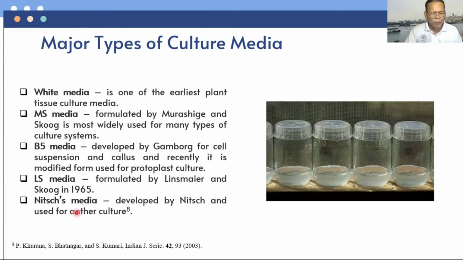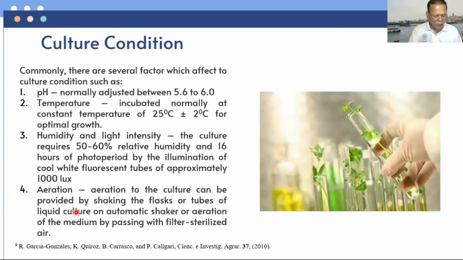Next, the culture condition. Commonly, there are several factors which affect culture conditions, such as pH, normally adjusted between 5.6 to 6. The second is temperature, incubated normally at a constant temperature of 25 degrees Celsius for optimal growth.